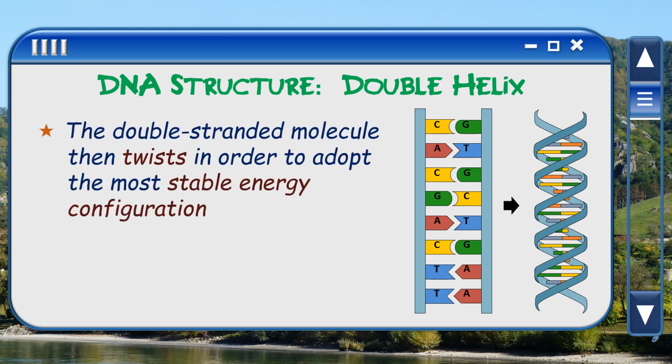The double-stranded molecule then twists in order to adopt the most stable energy configuration. When you look at the strand, this one is just showing us how they are connecting. But in the real sense, they do twist around like that. The twisting around is to make it stable.